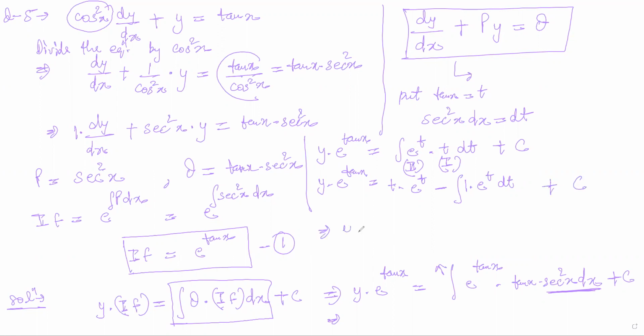So it becomes y into e to the power tan x is equal to t into e to the power t minus e to the power t plus c.